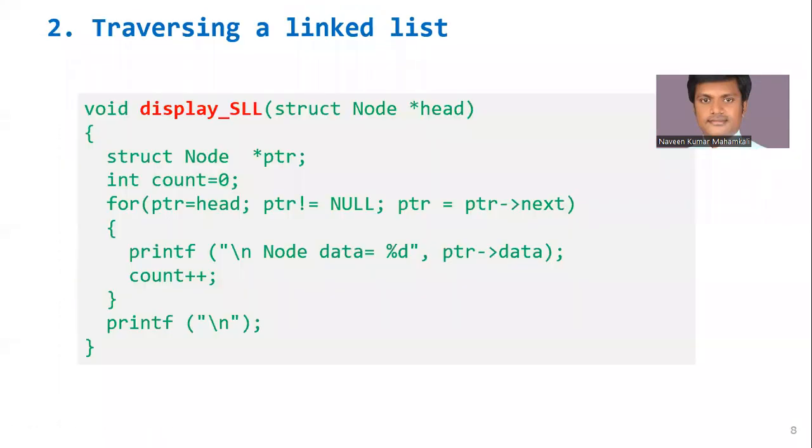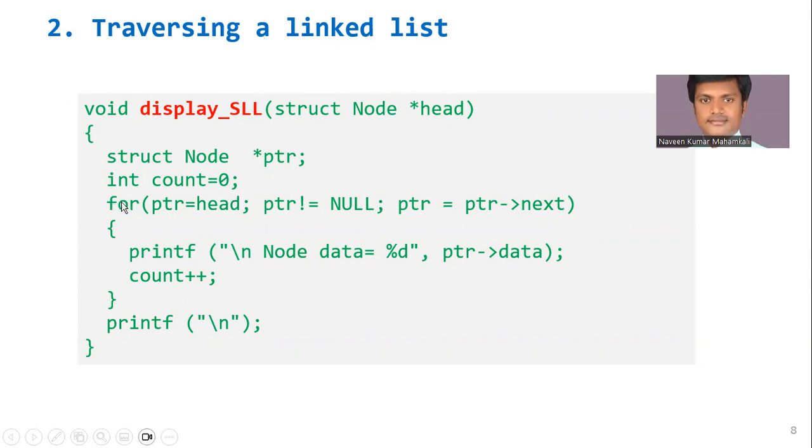The second operation is traversing a linked list. Traversing means visiting each and every node once in the linked list. Think about displaying all the elements in the linked list. Assume displaySLL is a function that takes the node pointer as the parameter. I have written the logic using a for loop.